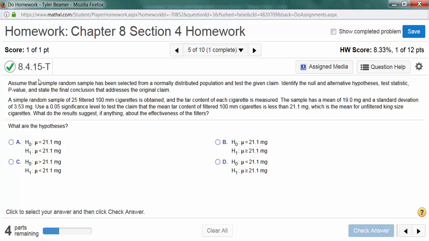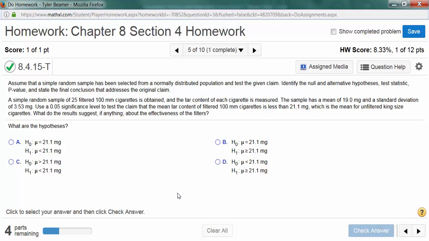So here's the problem. Assuming a simple random sample has been selected from a normally distributed population, test the given claim, identify the null and alternative hypotheses, test statistic, p-value, and then state a conclusion. A simple random sample of 25 filtered 100 millimeter cigarettes is obtained and the tar content of each cigarette is measured.